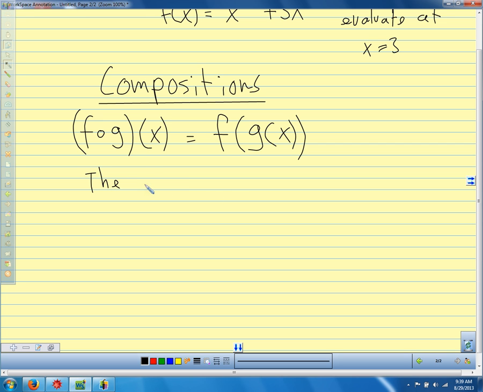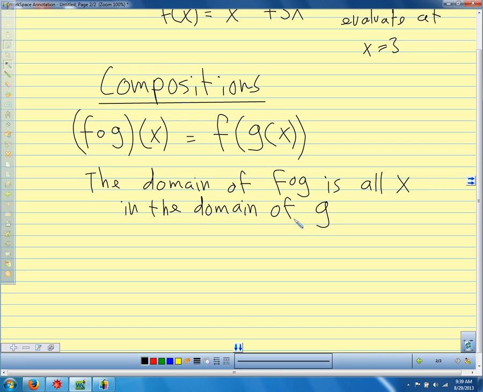The domain of f of g is all x in the domain of g such that g of x is in the domain of f.